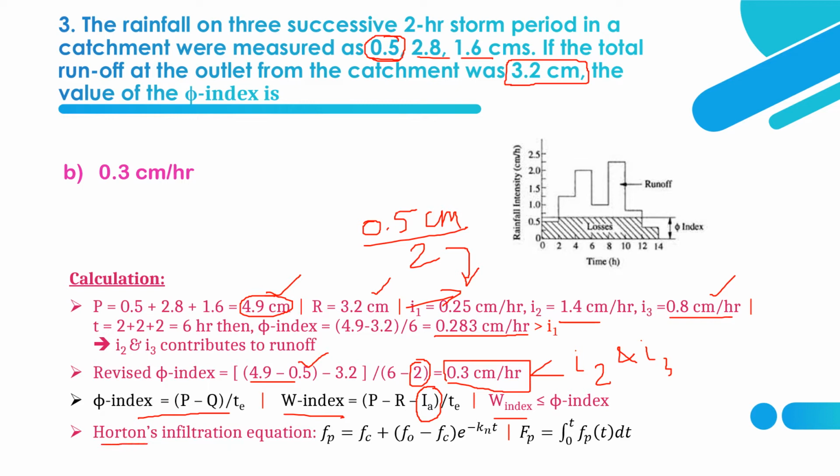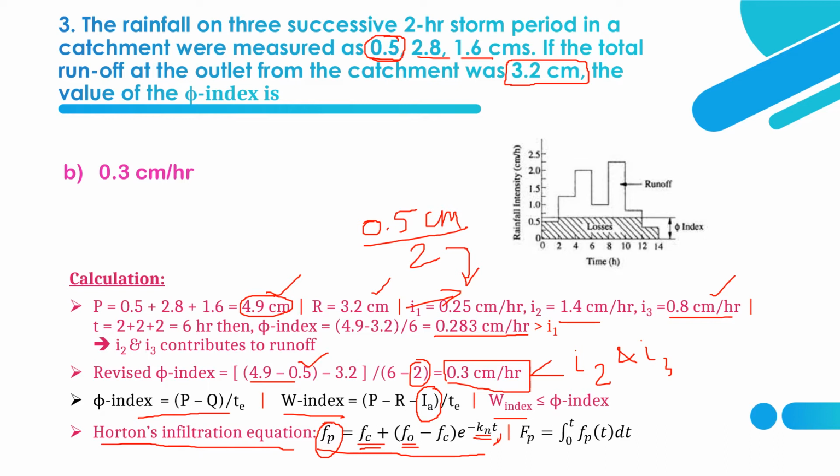And there is another important thing regarding infiltration, Horton's infiltration equation. Fp is equal to Fc plus (F naught minus Fc) e power minus Kh t. This is the basic Horton's equation. Fp is the infiltration at time t, Fc is the maximum infiltration capacity, F naught is the initial infiltration capacity, Kh is the infiltration coefficient, and t is the time duration.